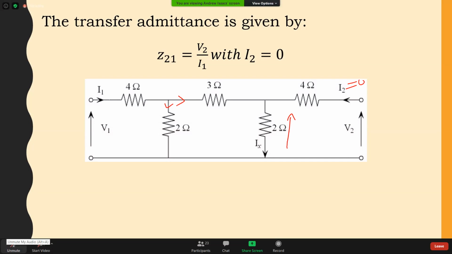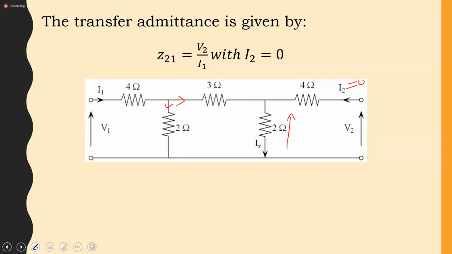And so we have the current Ix, and I'm just putting in Ix here for my own purpose. So Ix would be 2I1/7. And so V2, which will be the voltage across that resistor, will be 2 times Ix, which will be 4I1/7.